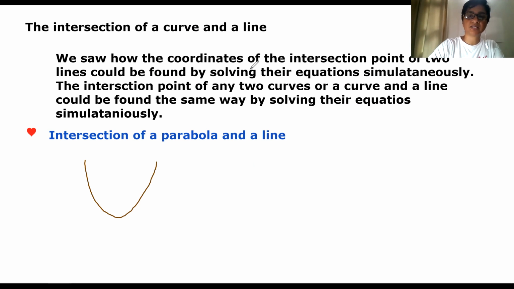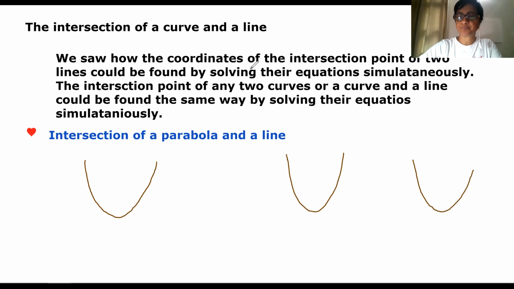I can't do it here. I have a blind, like dead spot. I have to leave some space there. And let this be my line. So my line could be cutting at 2 points. So then, when I solve the equations, I will get 2 solutions. Or I could have it as a, oops. I can't seem to.